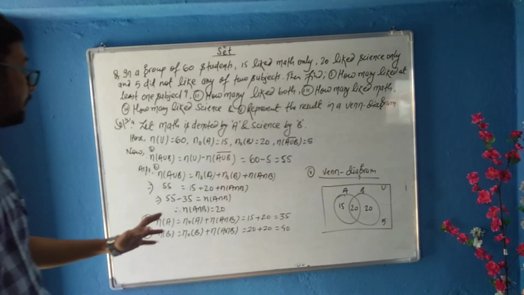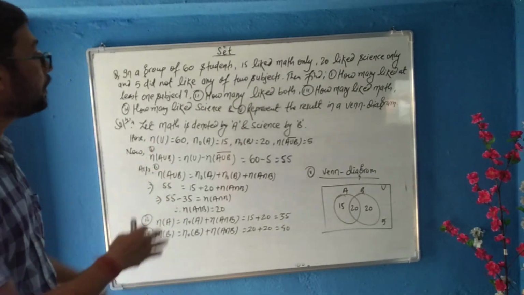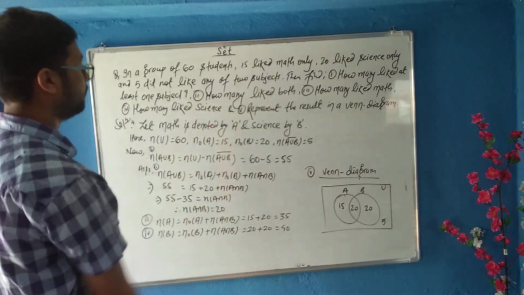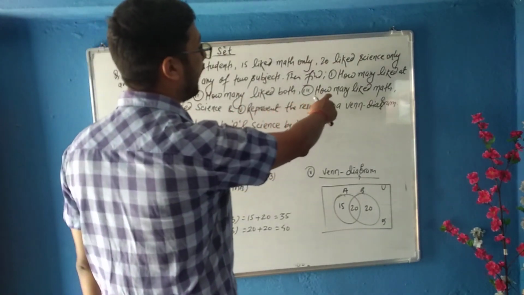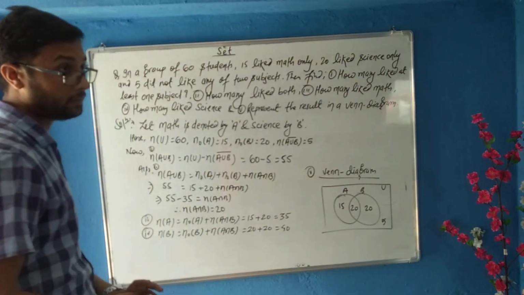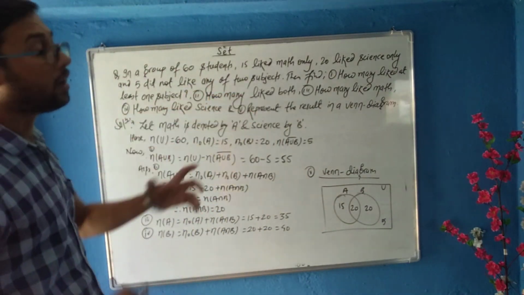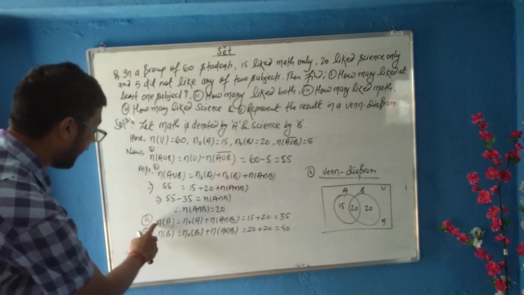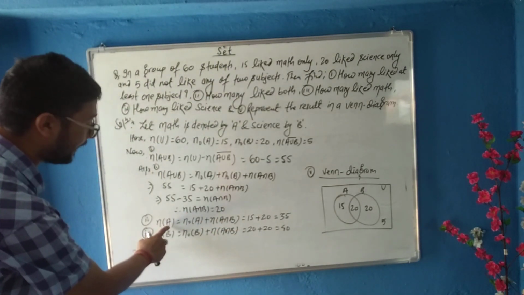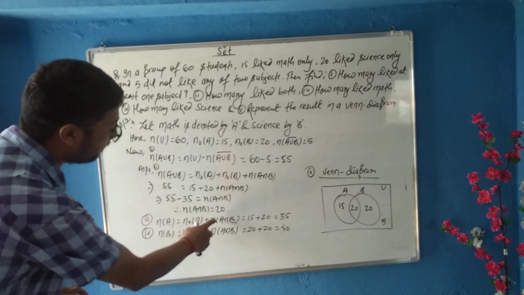So this is called the number of students who like both. Next, what are we going to find out? How many like math? In the question, only math is given. Now we are going to find out math. So n(A), the number of people who like math, equals only A plus intersection.